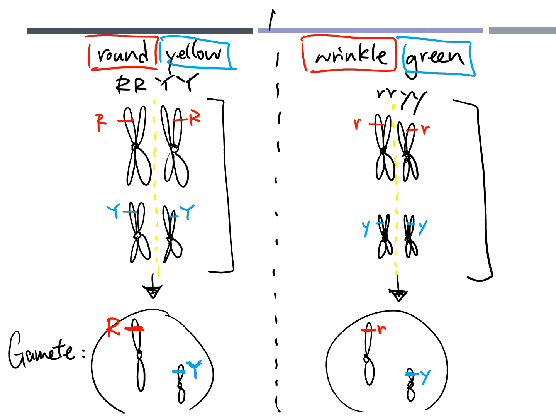That's why the round and yellow parent gives the big R, big Y allele in the gamete, while the wrinkled and green parent gives a small r, small y allele in the gamete.